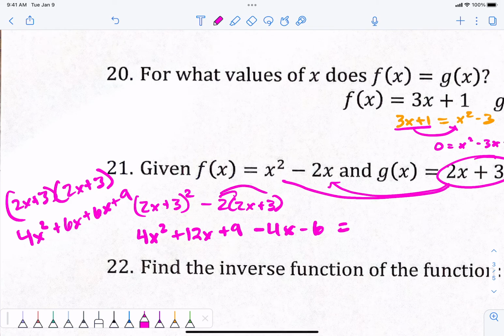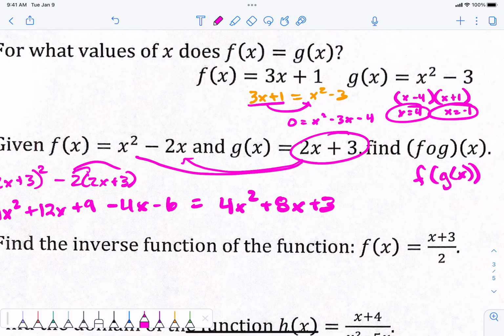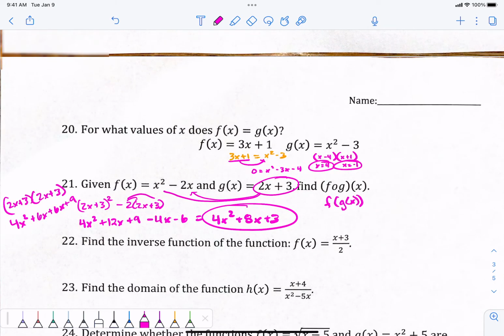So 4x squared plus 8x plus 3. It's a complex trinomial, but we're not trying to break it down. We're not solving for anything at the end, just trying to find what it is after you compose.